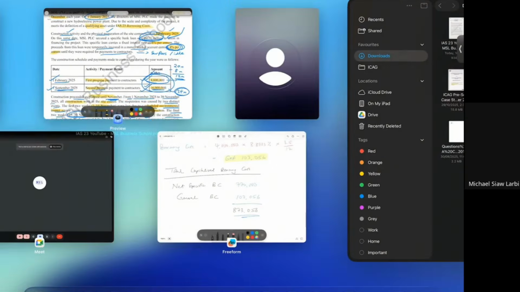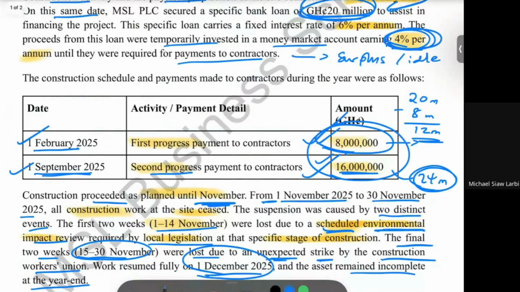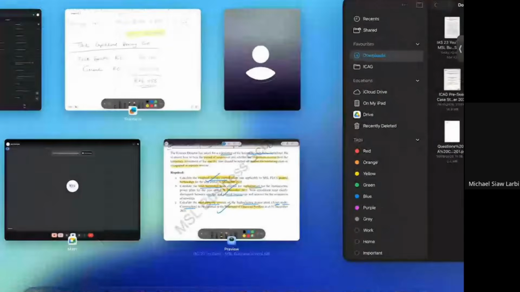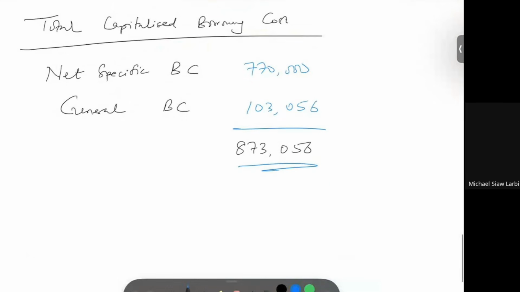Then our final requirement. So we've done the B part. Our final requirement is to calculate the total carrying amount of the hydroelectric power plant as at year end. So it's going to be total cost incurred plus the total capitalized borrowing cost, right? Pretty much, unless you are told a particular cost is not an eligible cost. So that should be quite simple to do. Our C part is the carrying amount of the asset.